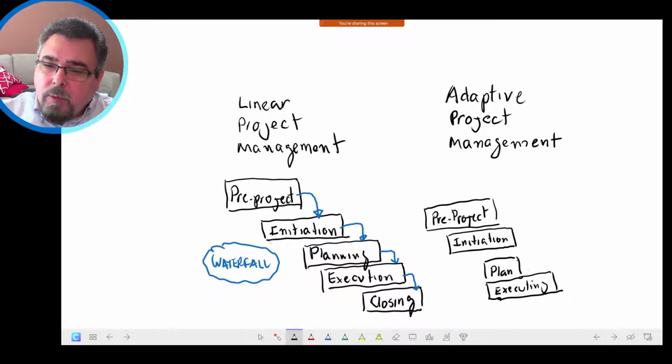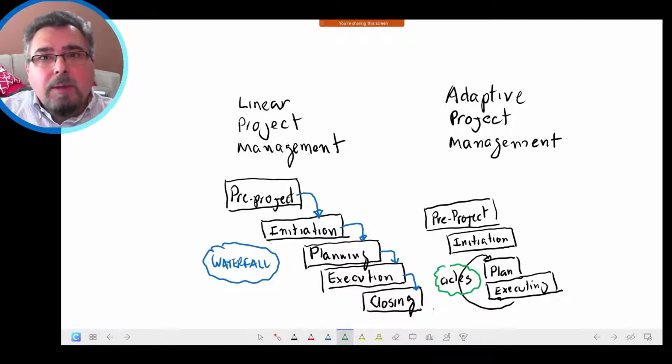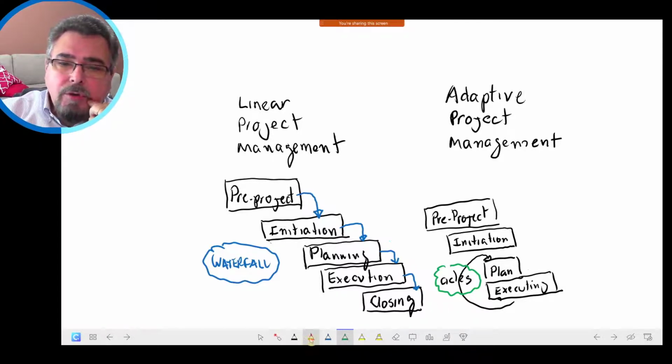So we do the planning for some aspects of the project. We execute that plan, then we come back and plan again. So we work in cycles. And because we work in cycles, we can adapt the project to the current requirements of the client. So we have two different approaches, okay?